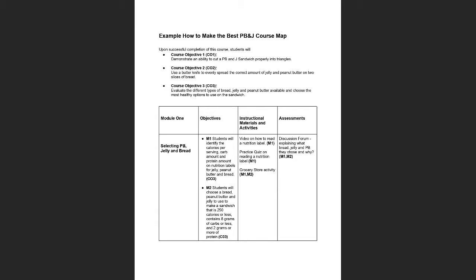And by ensuring that these module objectives support a course objective, if they can demonstrate M1 and M2, then they have successfully demonstrated in the course the third course objective. So what it does for me as an instructor is, instead of me just saying, hey, read chapter 1 and learn everything in it, it makes me sit down and think, okay, what is really important in chapter 1?